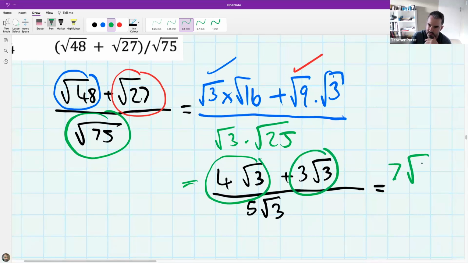I must have 7 root 3. And then over here, I've got 5 root 3. So what does that final answer then need to be?